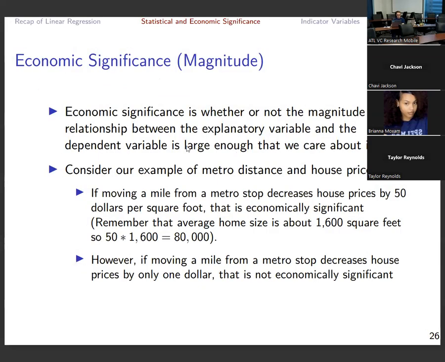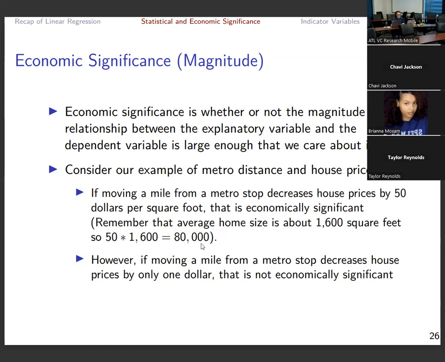I think I've got a nice example, this will help. If I move a mile from a metro stop, it decreases the price by $50 per square foot. Now, on average, in this sample, a home is 1,600 square feet. And 1,600 square feet times 50 is $80,000.